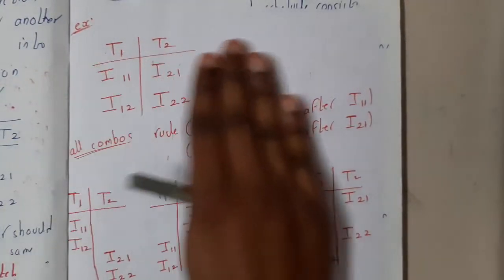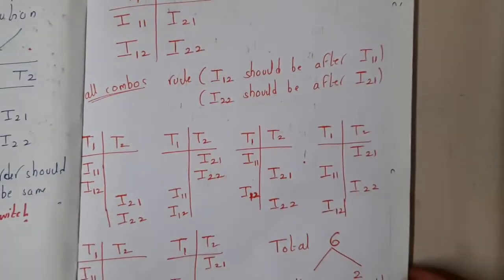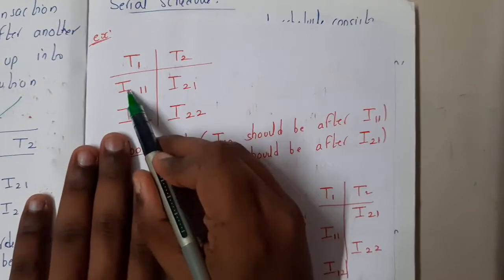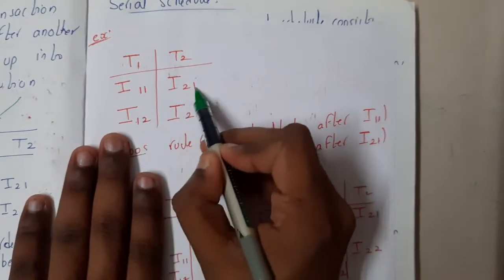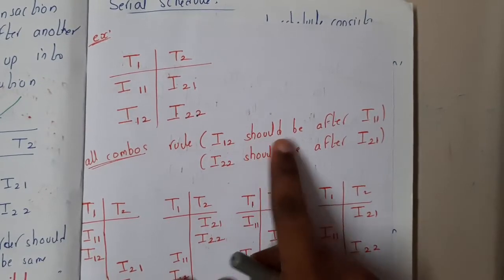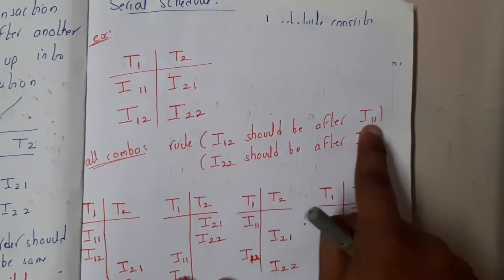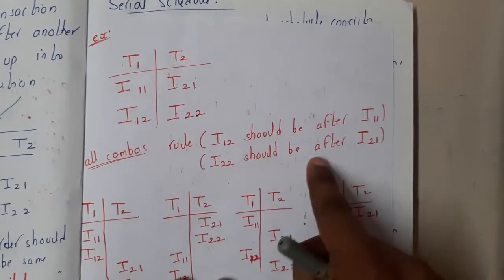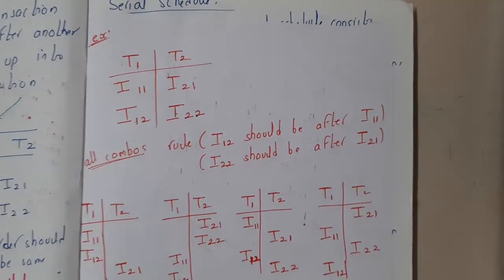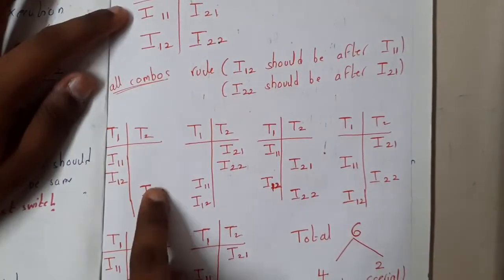I took the same example and I have written all the different combinations here. So T1, T2, I11, I12, I21, I22. The only rules are I12 should be after I11, and I22 should be after I21. First I started taking the combinations. First I executed T1, then I executed T2.